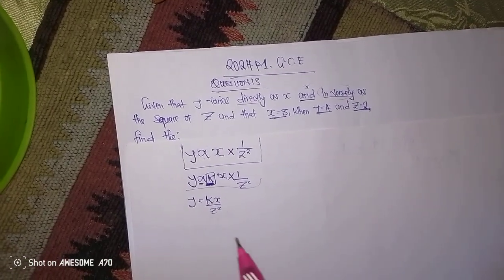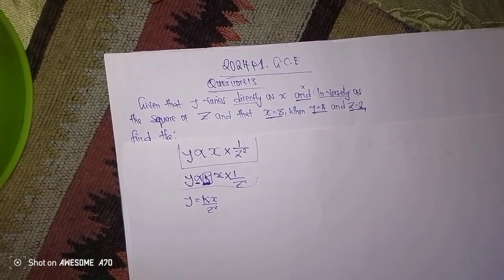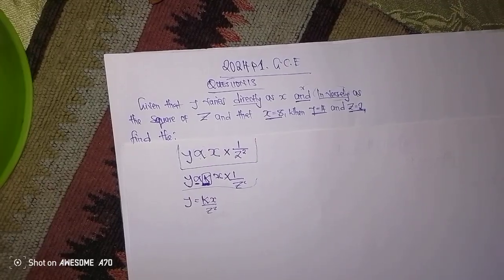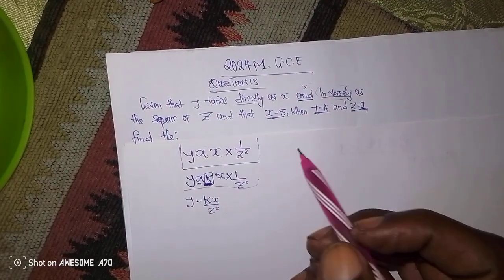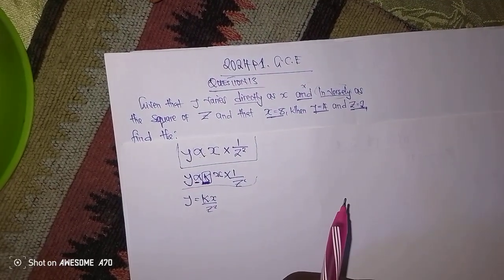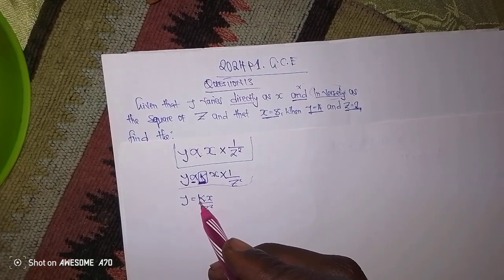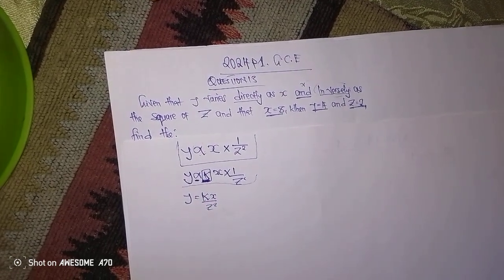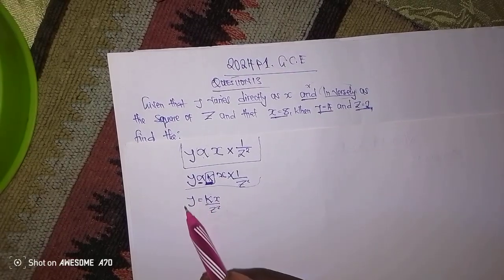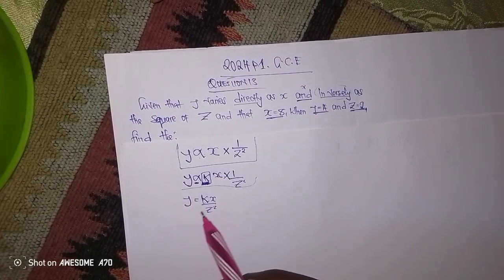You should know first of all the constant k: what increment or what change was happening in these quantities that we have. This is why it's very important to find the constant. It shows the change that happens in the quantities that are varying.